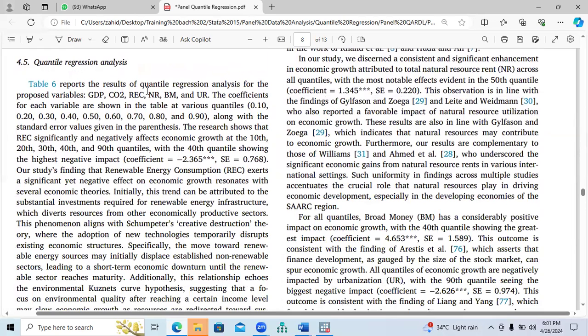Table 6 reports the result of quantile regression analysis for the proposed variables GDP, CO2, REC, NR, BM, and UR. The coefficients for each variable are shown in the table at various quantiles, from 10 to 90%, along with the standard error values given in parentheses.